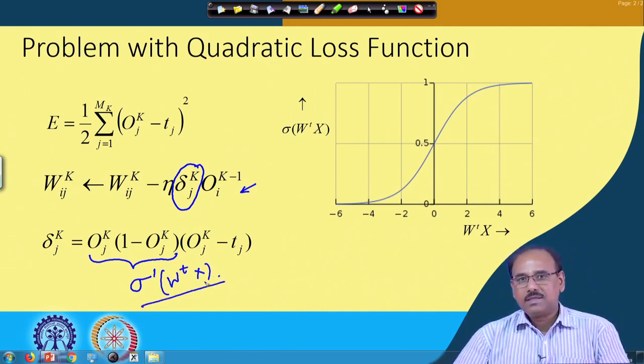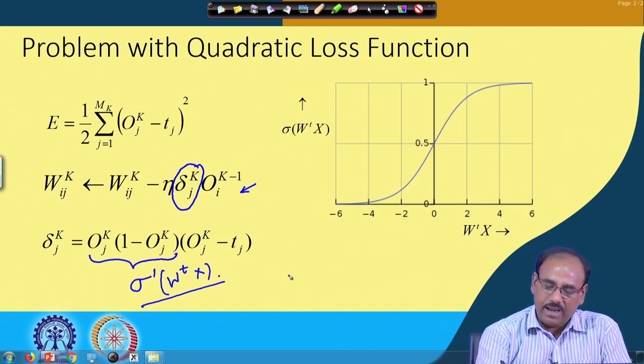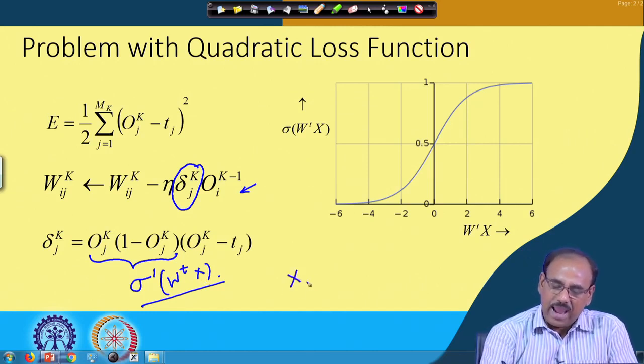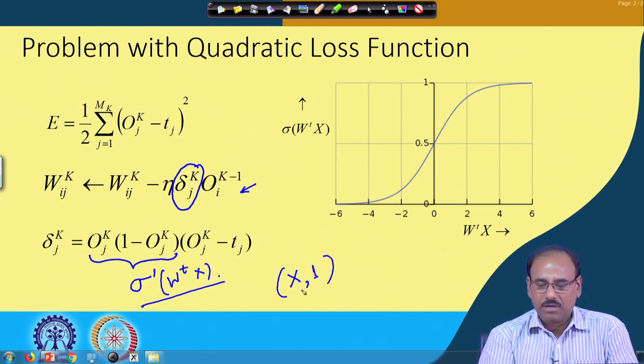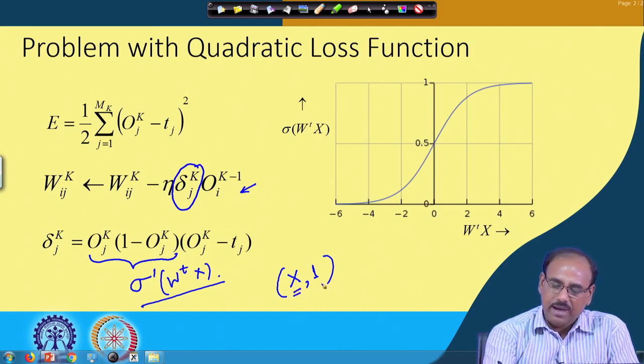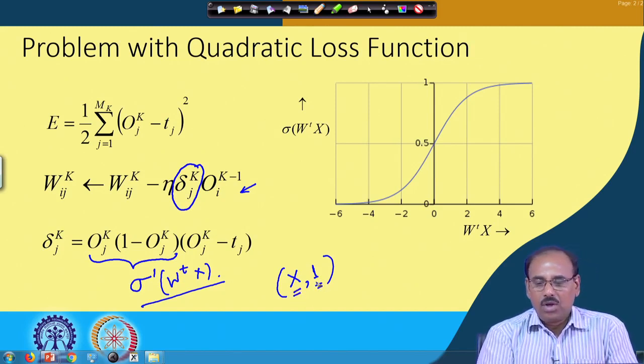Now, let us consider a case where I have a vector x which actually belongs to class, say, 1. So, this was the training pair which was given: the vector x actually belongs to class 1. When it is classified by this classifier, the output of the node, if I consider a single neuron at the output, say it is a 2 class problem, should be 1 or close to 1.